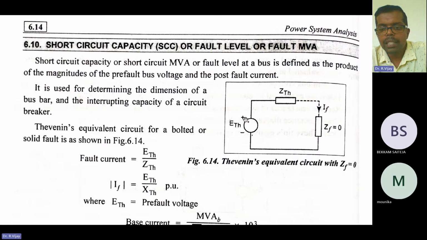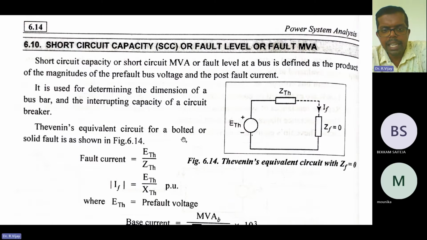Coming to the Thevenin equivalent circuit, as we saw before, the same circuit here, with polarity, positive and negative terminal. So Z Thevenin: all the impedances we are converting into one impedance, Z Thevenin, and the fault impedance we are taking as 0 here, and the fault current IF.